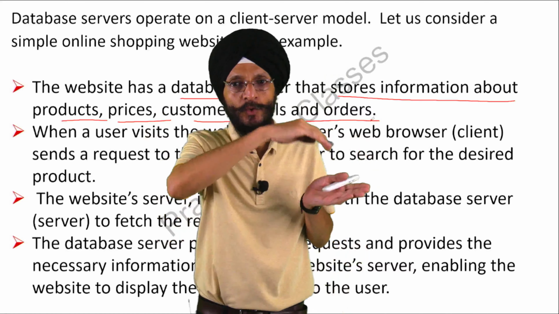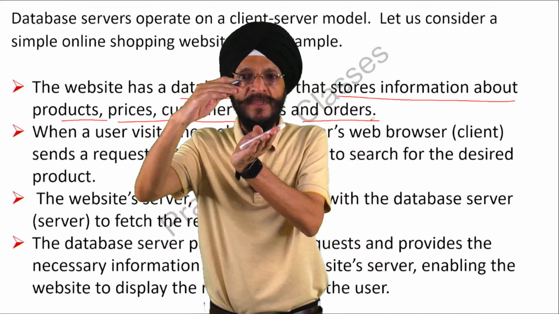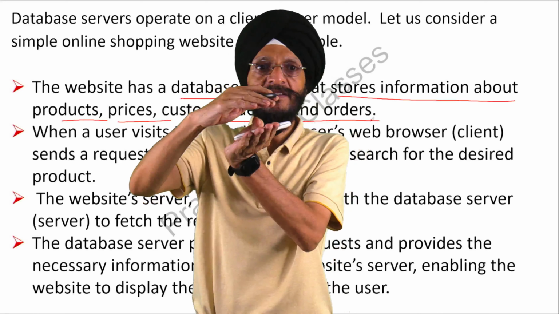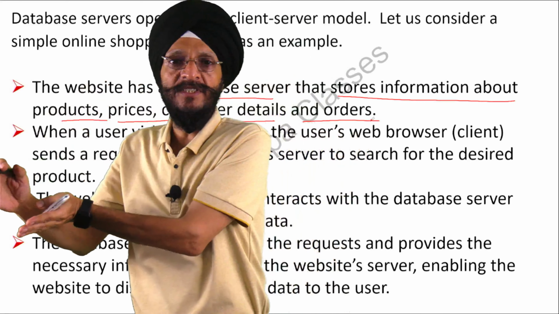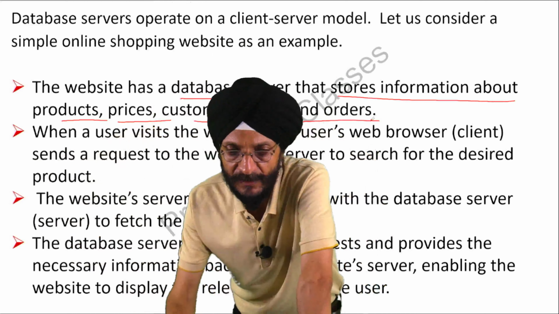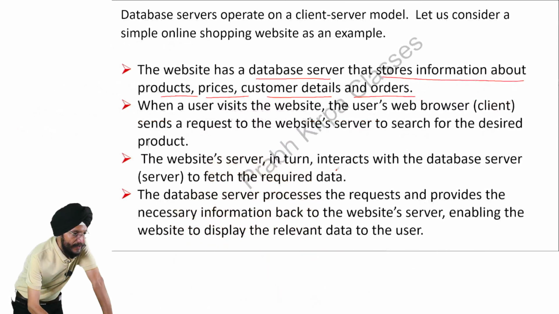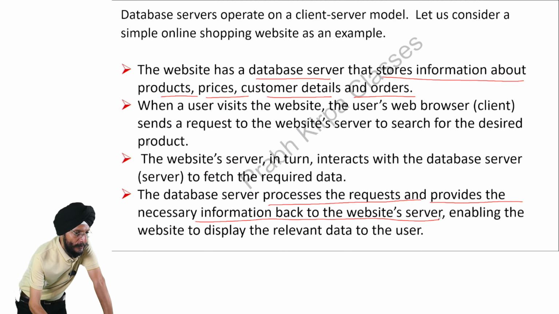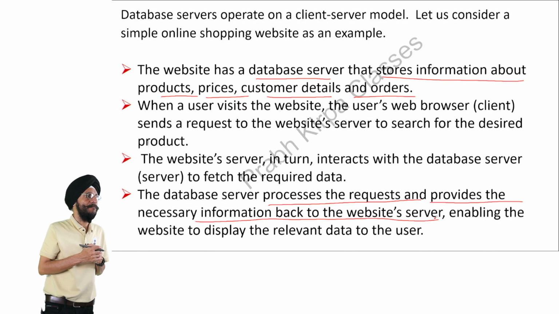That is, the user approaches the website server and the website server approaches the database server. The database server in turn processes the requests and provides the necessary information back to the website server.